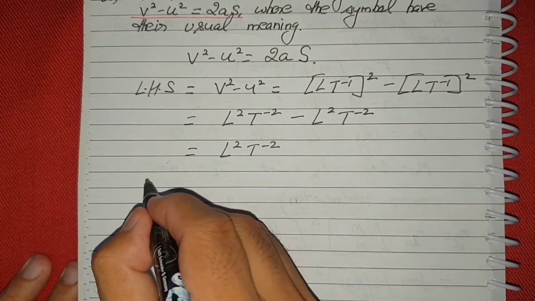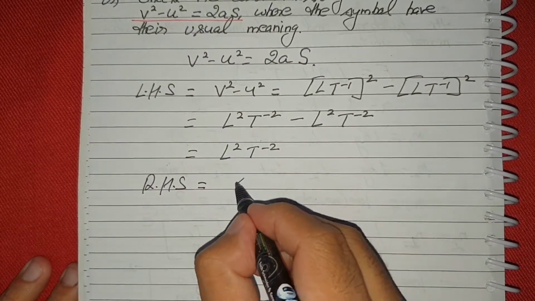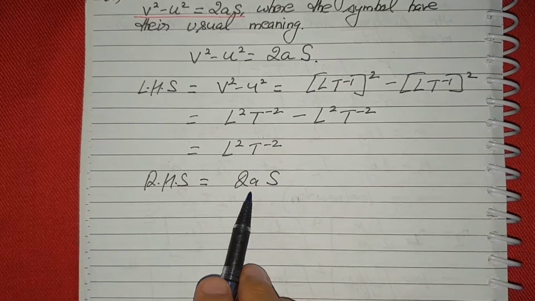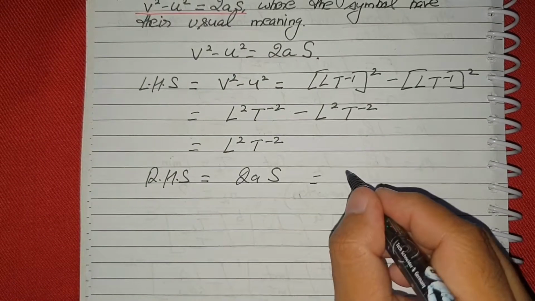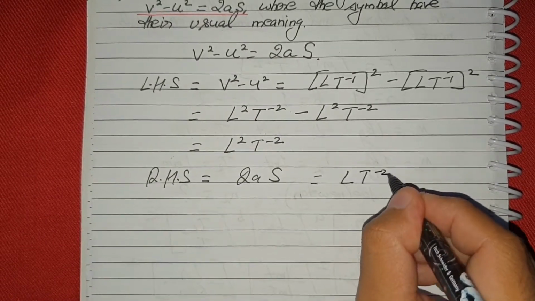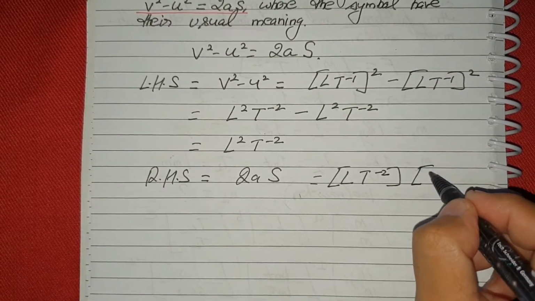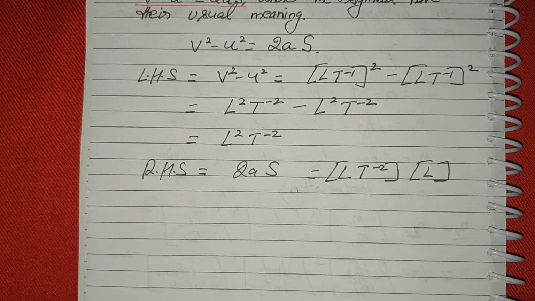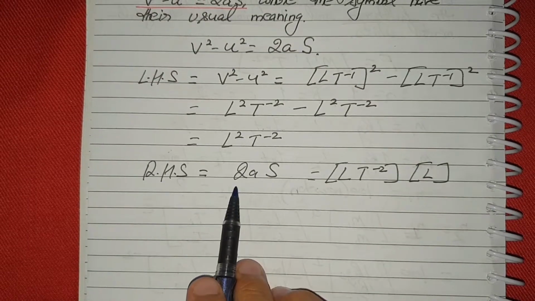Now RHS is 2a into s. Now we know that a is acceleration, so its dimension is L t minus 2. We have discussed it. S is the length, which is L. Now the dimensionless constant that I was talking about here is 2.